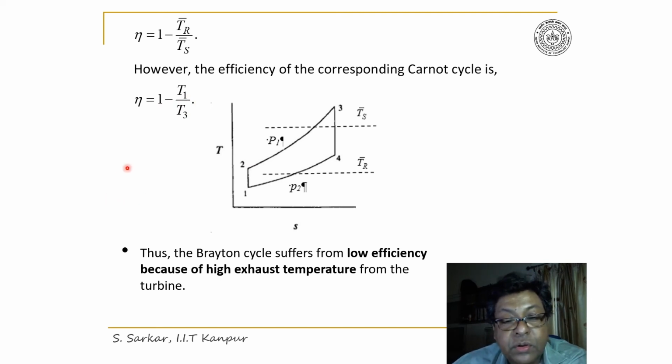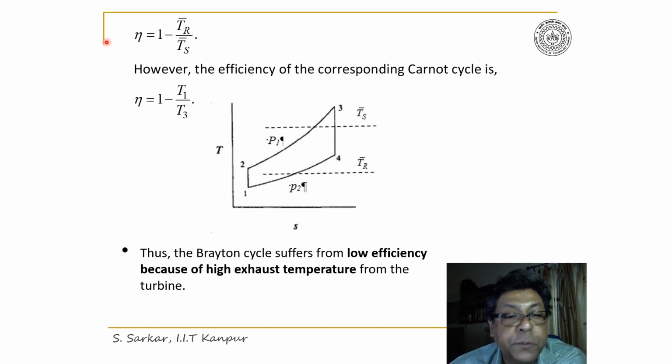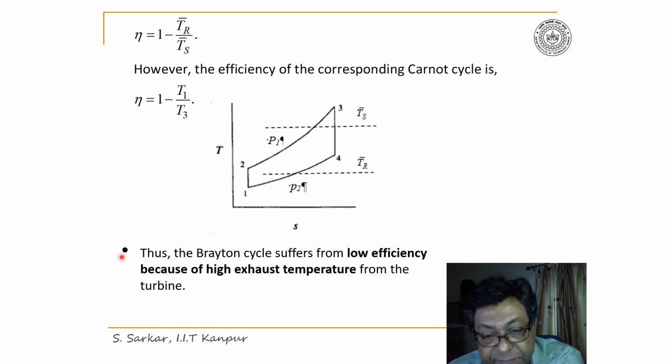Thus, one can appreciate here that the efficiency of the Brayton cycle is very low with respect to the Carnot cycle. So the Brayton cycle suffers from low efficiency. This low efficiency is because of the high exhaust temperature from the turbine.